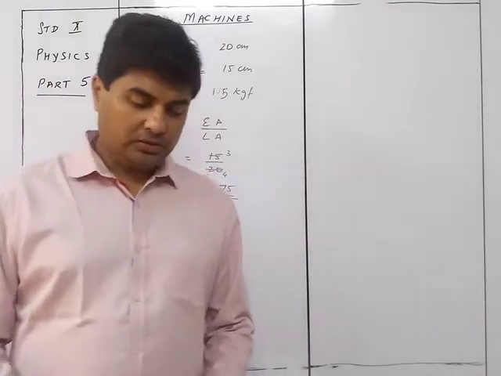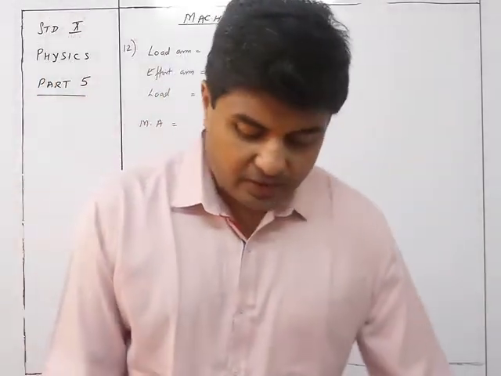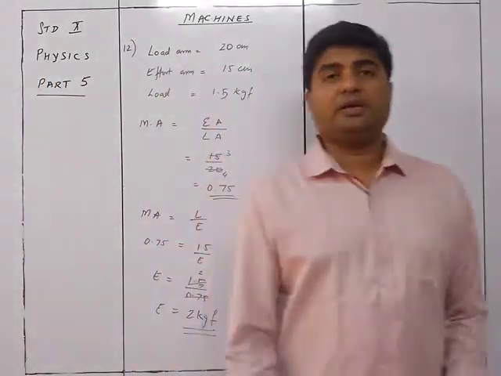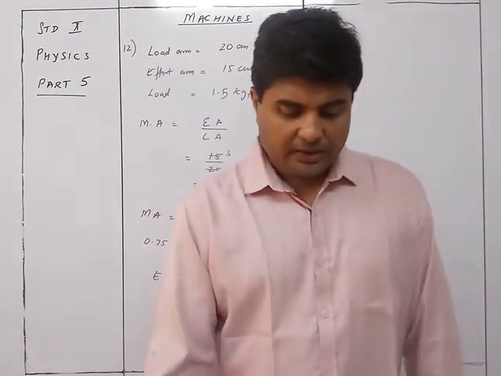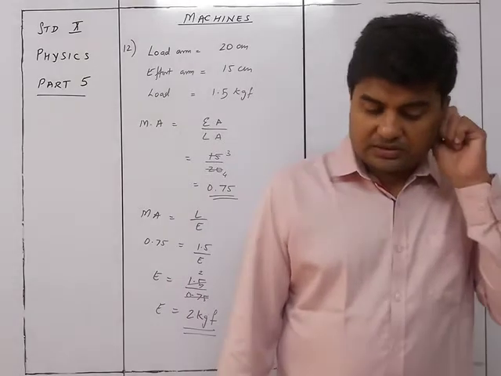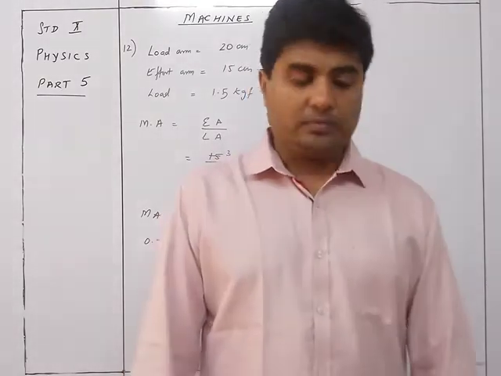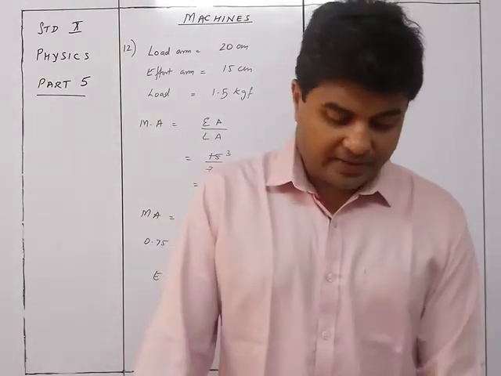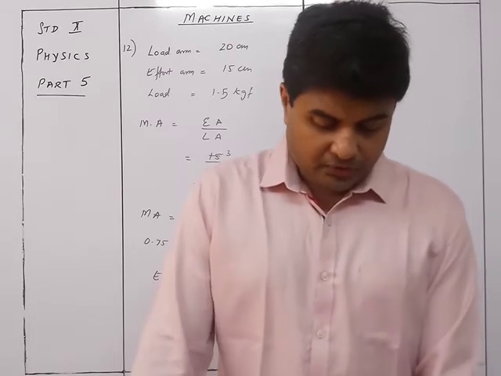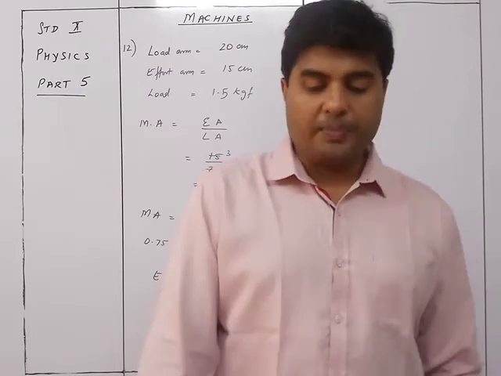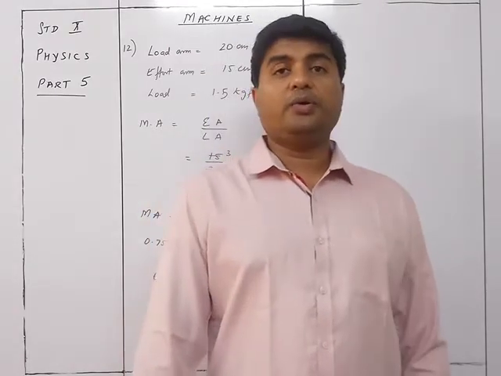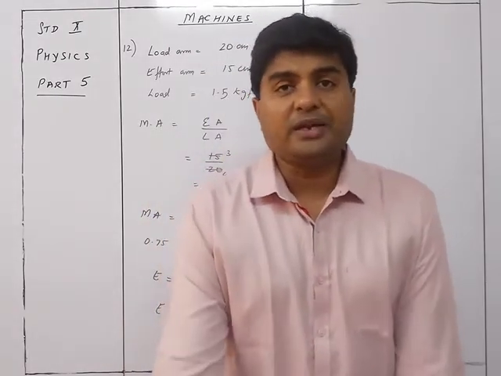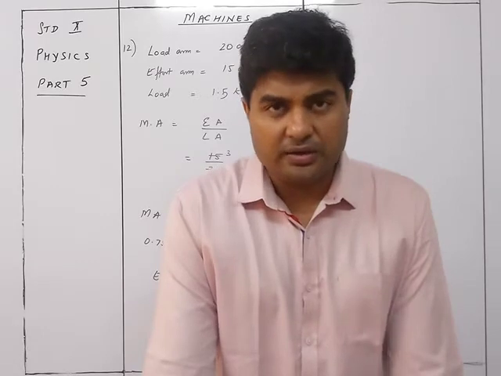Are we clear? So these were the numericals which are there for the lever part. When we see the part of the lever, we come to know that there are 12 numericals, which we just saw. The important part over here is the formula. Secondly, you need to understand the question, and you can make a rough figure in each and every case.